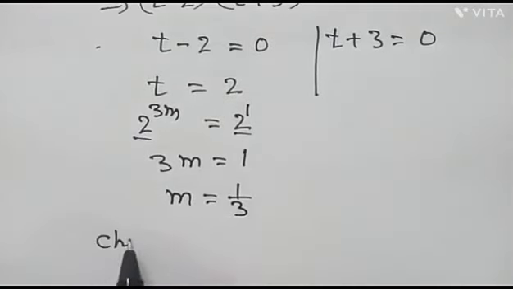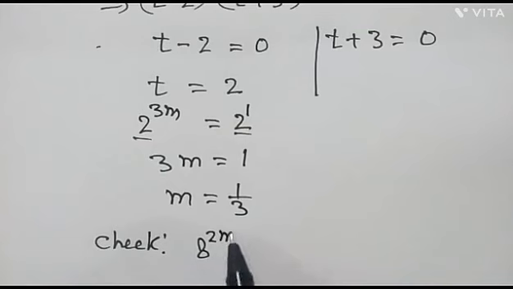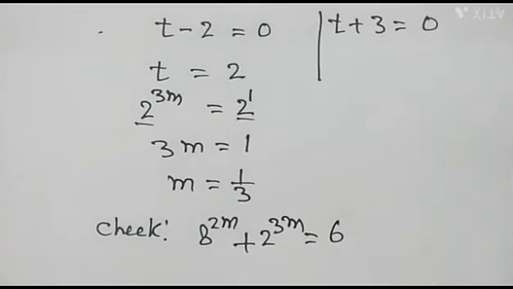If we check, 8 to the power 2m plus 2 to the power 3m is equal to 6, right?